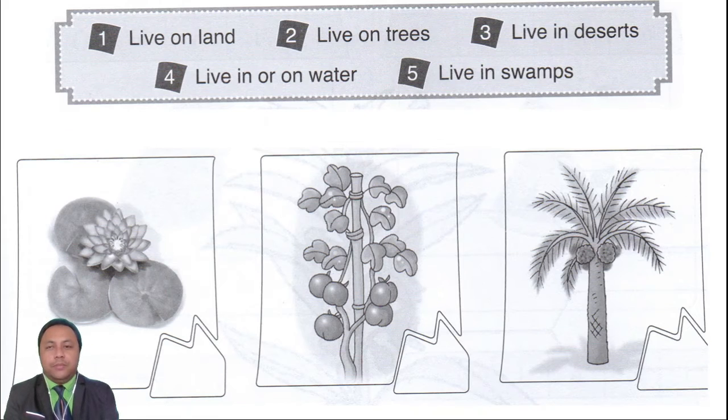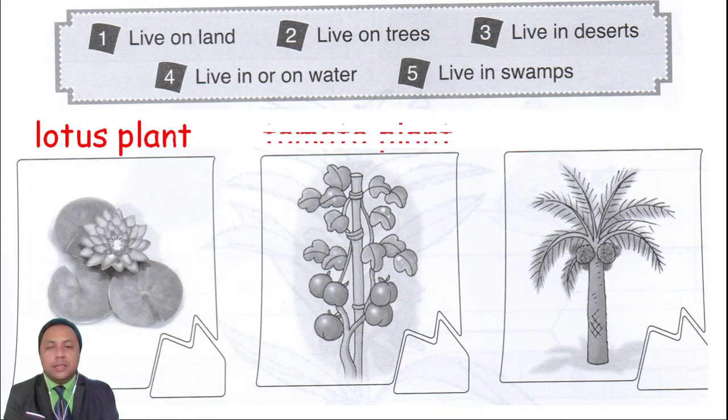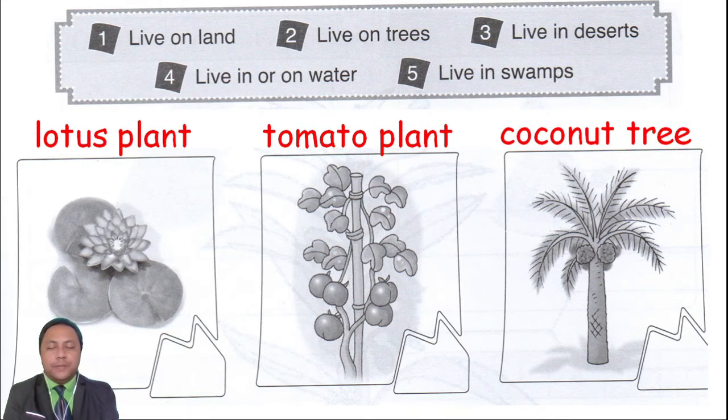We have here lotus plant. Next is a tomato plant and a coconut tree. Lotus plant, what is the answer? You write number 4. Lotus plant lives in or on water. How about tomato plant?